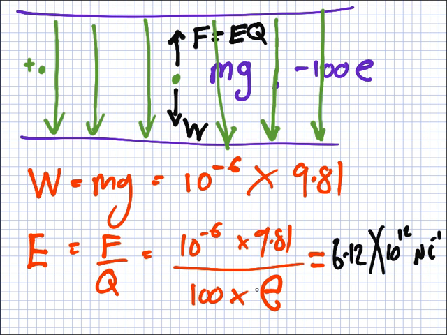Is Newton per Coulomb a vector? Technically, I think electric field strength is a magnitude. It's how strong the field is, not a vector. I think. Although you could easily make it a vector by simply including a plus or minus direction.